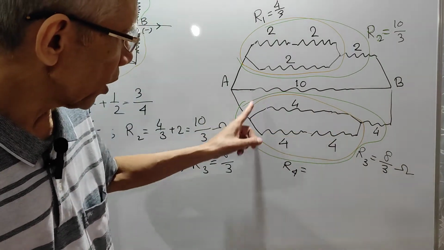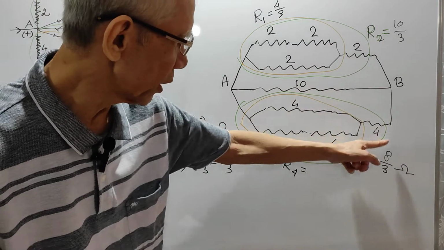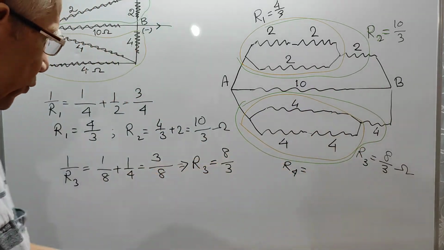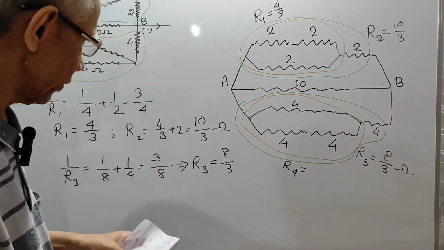So this yellow line group is 8 by 3. Now this whole thing enclosed by the green line is R4. R4 will be this plus 4, because they are in series, isn't it?